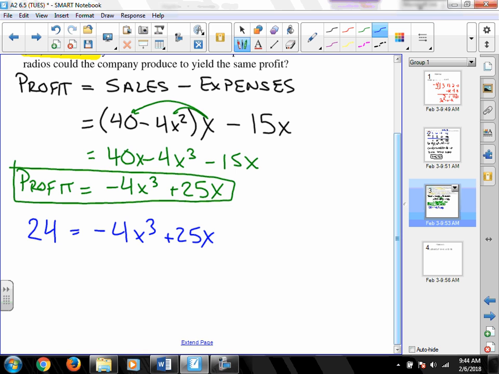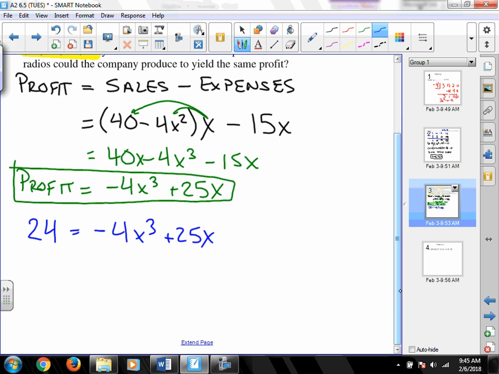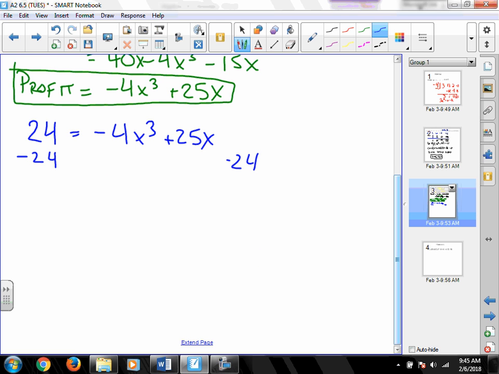If we're going to find how many we can do this, we want to get this equation equal to 0, just like we did in chapter 5 with our quadratics. So we're going to subtract our 24 over, and we end up with negative 4x cubed plus 25x minus 24 is equal to 0.